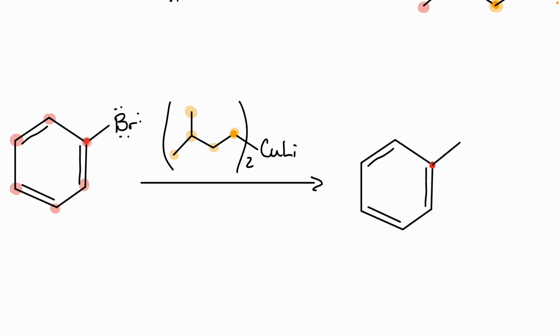On the other side of that has to be that orange carbon that was bound to my copper. So now I can just add on. So that's 1. So now I need 2, 3, 4, plus that branch point for a total of 5.